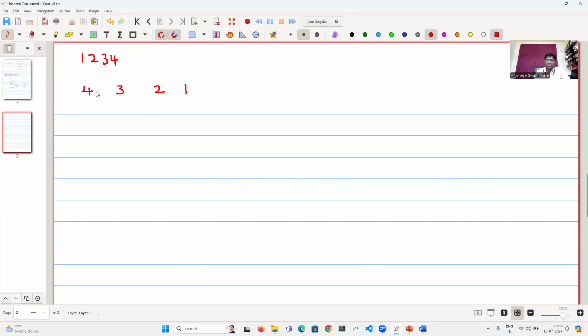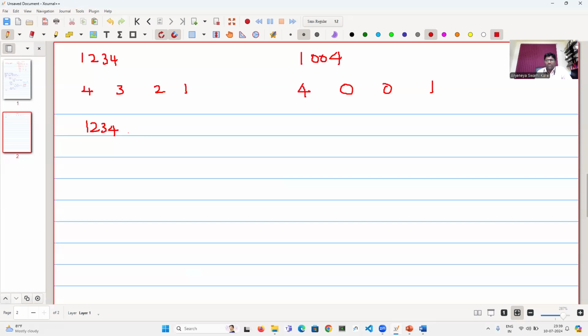First we need to extract 4, then 3, then 2, then 1. Suppose if we have 1 0 0 4, we need to extract 4 0 0 1.